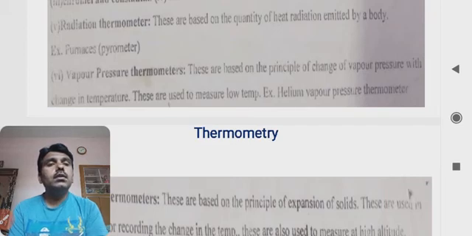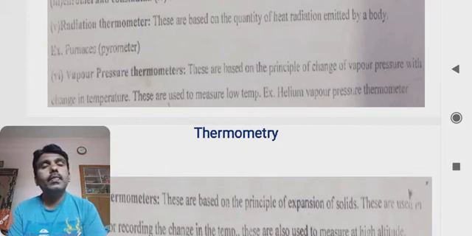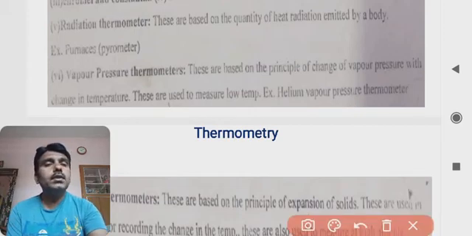And such thermometers are used to measure low temperatures. Basically, helium vapor pressure thermometers are an example of such vapor pressure thermometers.